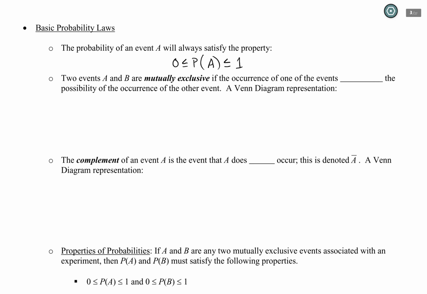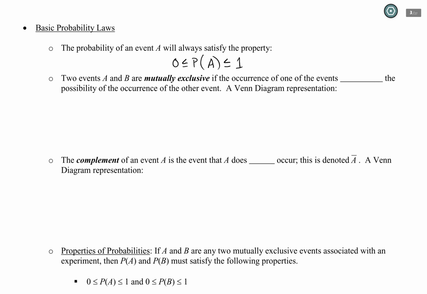It's a function that acts on an event, and the output of that function is always between 0 and 1. If the probability of the event is 0, then that event cannot occur. If the probability of the event is 1, then that event must occur. And anything in between 0 and 1 is a measure of our uncertainty regarding that event.